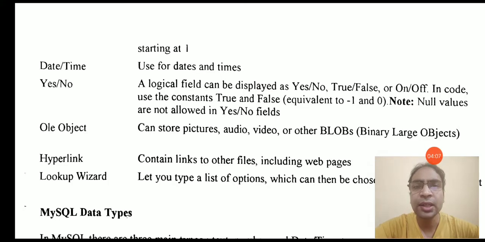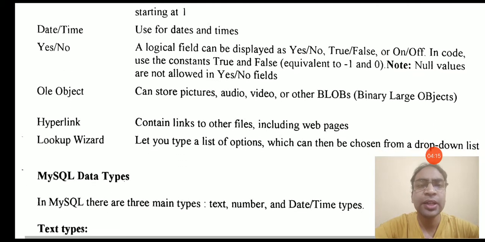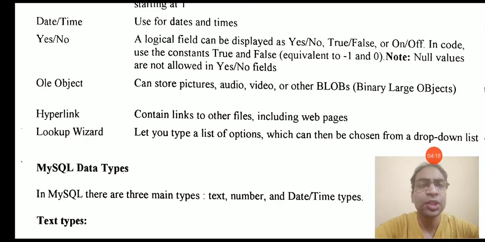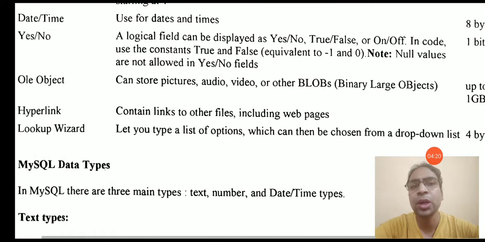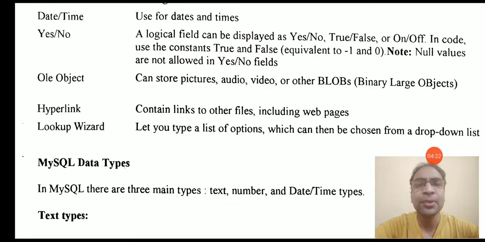It also has a hyperlink data type, where you can store a link, and you have a lookup wizard that lets you open a list of options which can then be chosen from a drop down list. So these were all the data types that are used with MS Access.